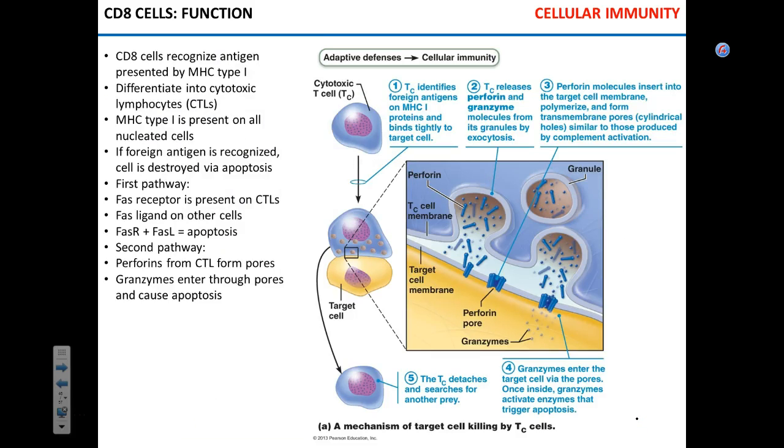Okay, CD8 cells. CD8 cells recognize what type of MHC? Class 1. So antigen is presented by type 1 MHC. Remember, type 1 MHC, there is one on antigen presenting cells, so it's fine.